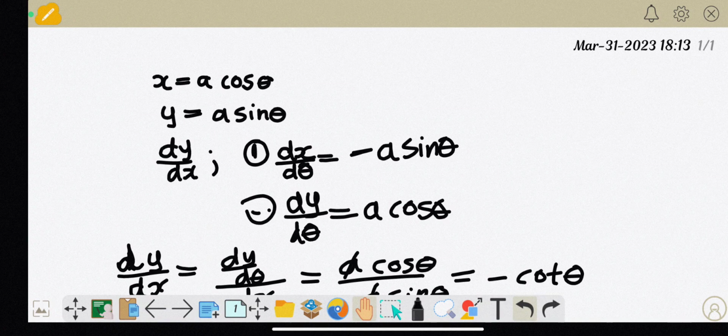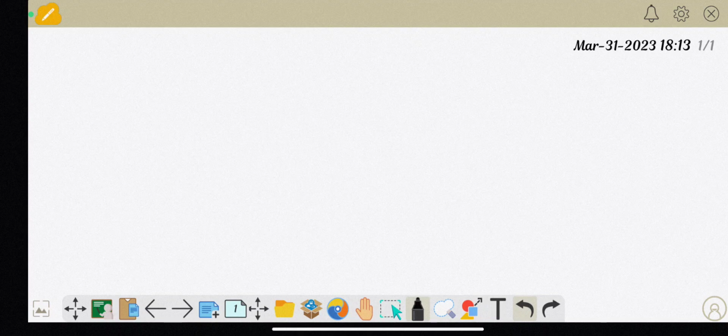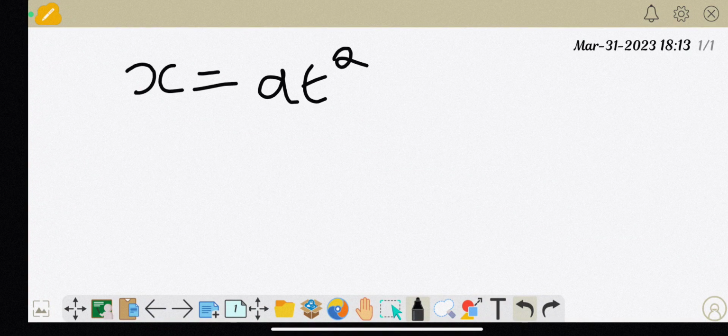So you understood this, right? I'll take another example. The example is, let us take x is equal to a t square, y is equal to 2at.